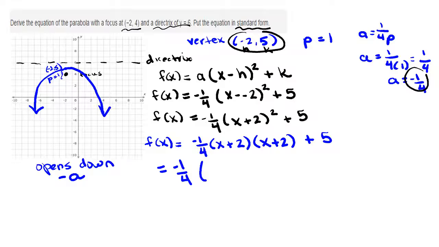I know using the FOIL method, first terms x times x gives me x squared. Outside terms, x times 2 is plus 2x. Inside terms, 2 times x is plus 2x. Last terms, 2 times 2 is plus 4.